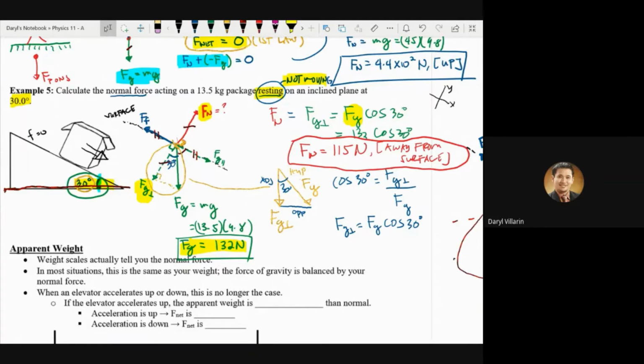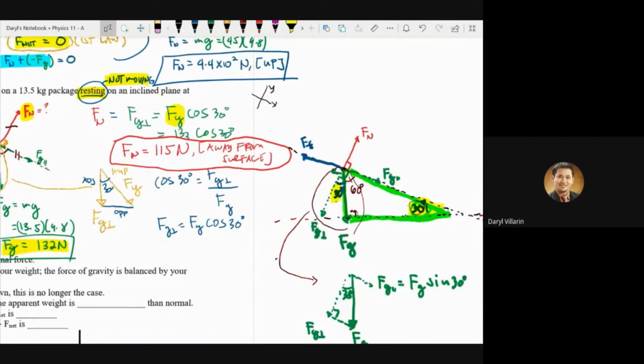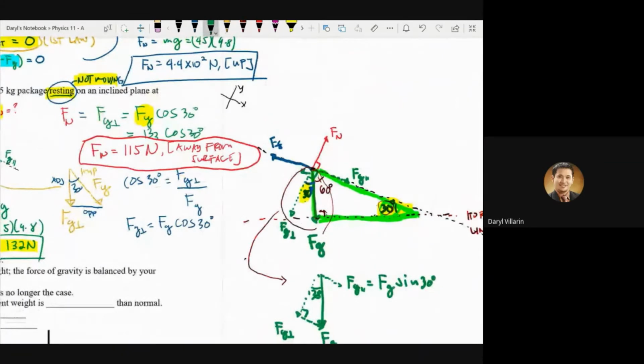So hopefully, again, you can make sense of how to break them down here, especially the location of the angle. Because if you mess that one up, obviously, you're going to interchange also the value of your perpendicular force and the parallel force. So make sure that you locate that angle.